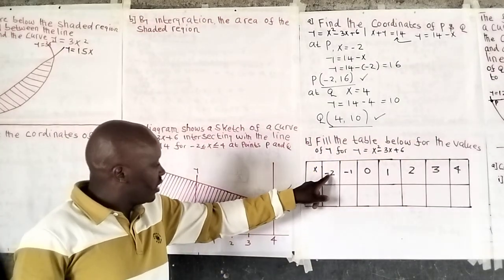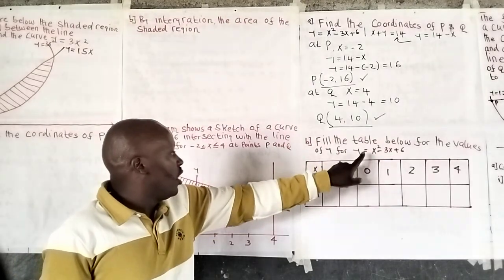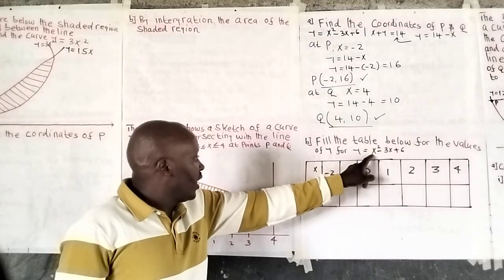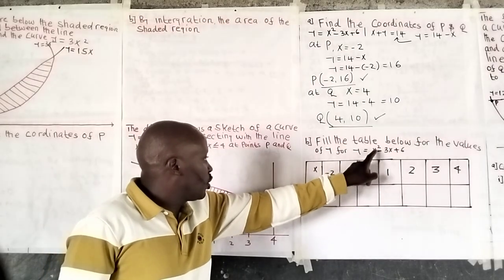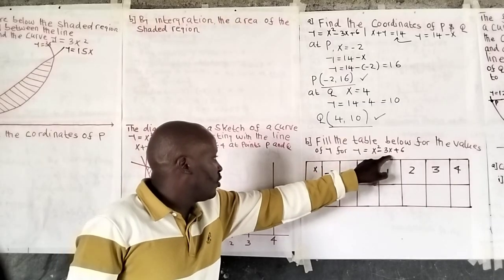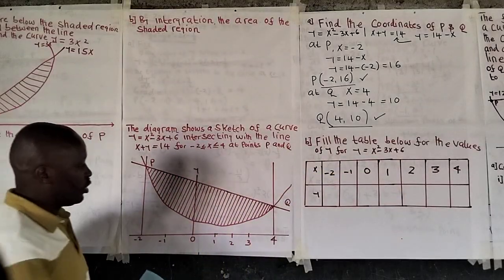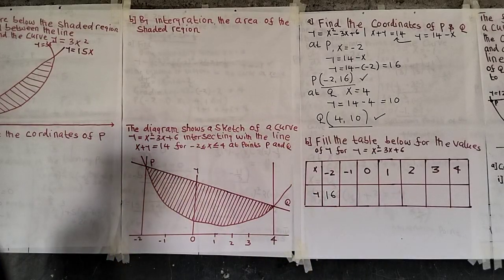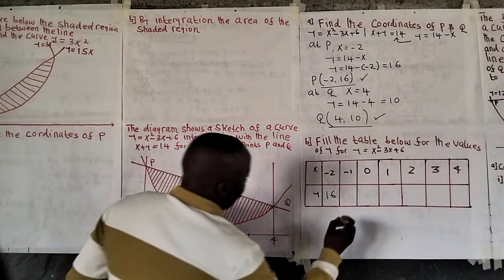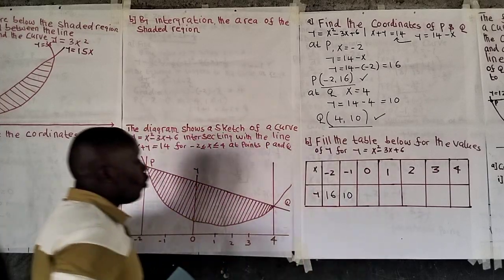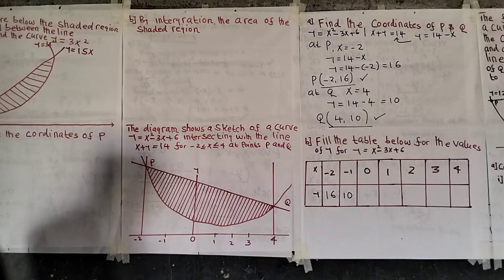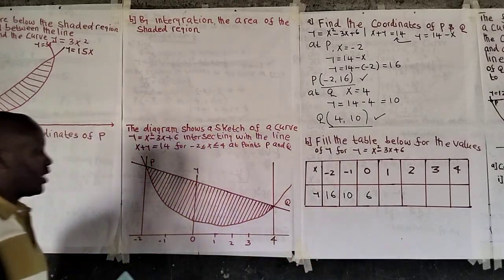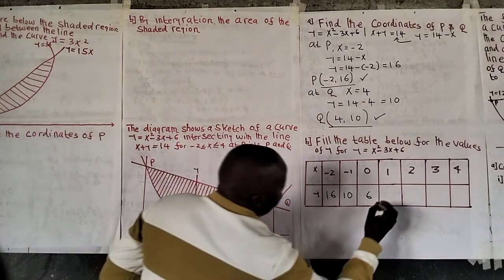You start with x equal to -2 and replace it in y equals x squared minus 3x plus 6. When x is equal to -2, y is equal to (-2) squared minus 3 times -2 plus 6, which gives you 16. When x is equal to -1, y is equal to 10. When x is 0, y is equal to 6. When x is 1, y is equal to 4. When x is 2, y is equal to 4.